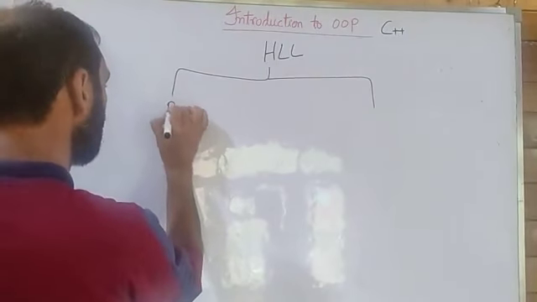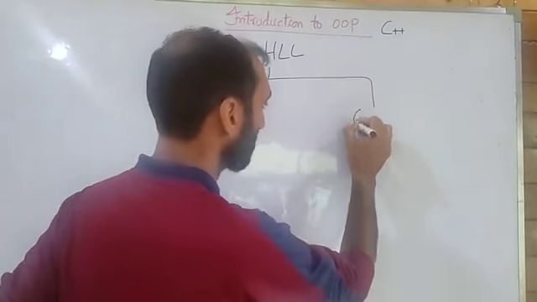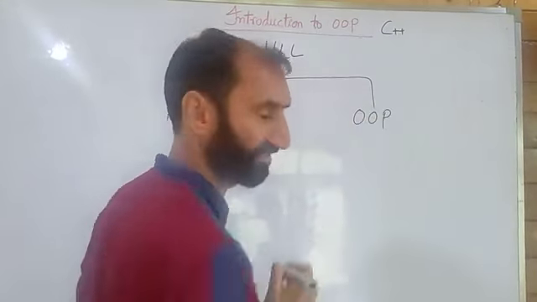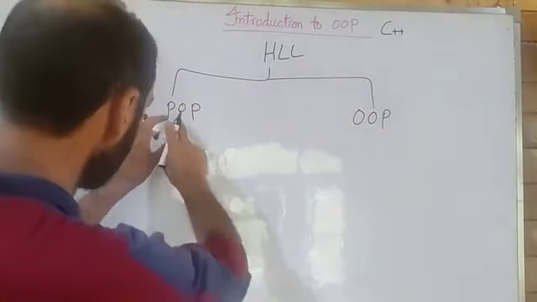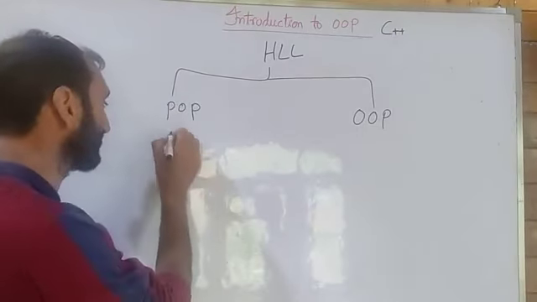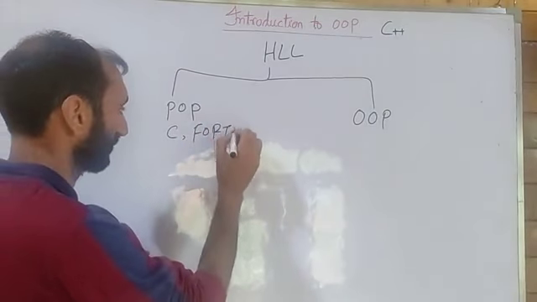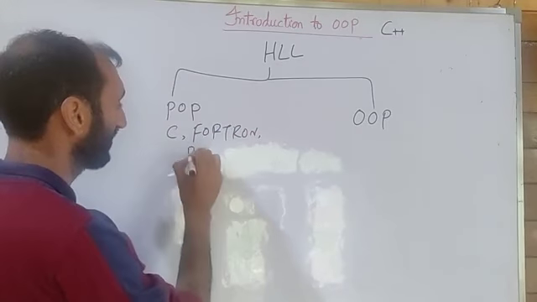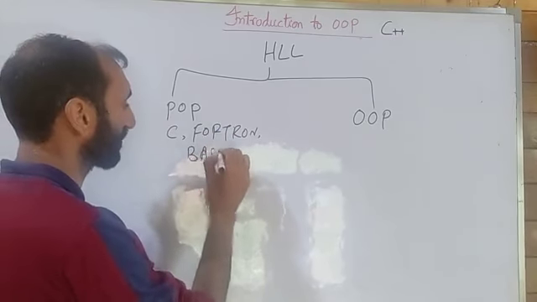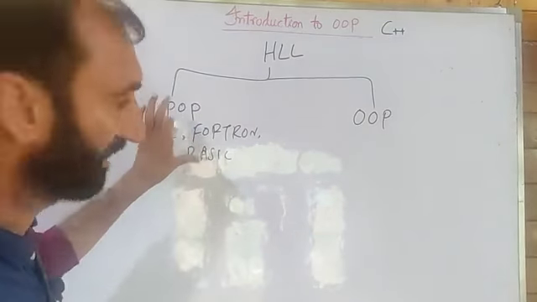First one is the procedural oriented programming language, and second one is the object oriented programming language. Under procedural oriented programming languages come C language, Fortran language, and BASIC.